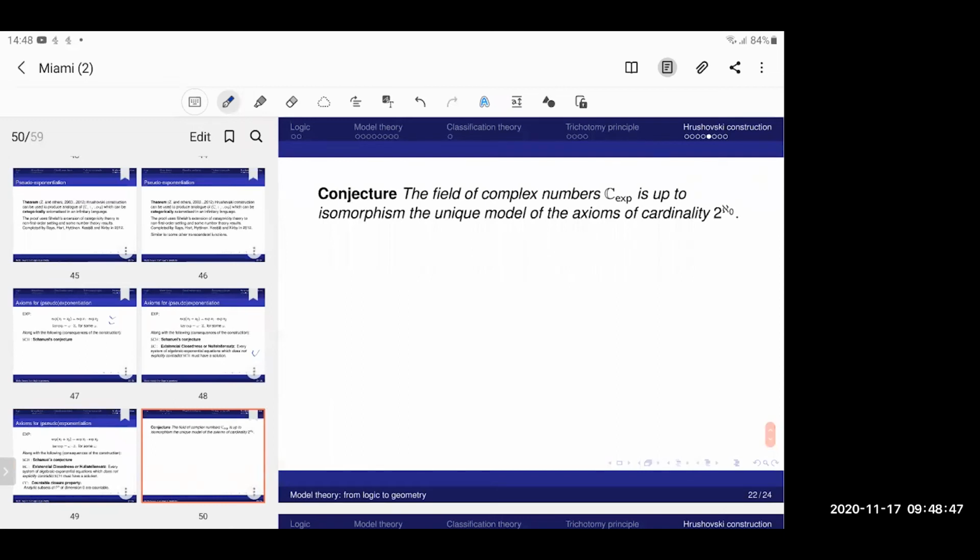Well, and then you have, of course, a natural conjecture that if you take the field of complex numbers with exponentiation, so plus, times, and exponentiation in your language, then up to isomorphism it is the unique model of the axioms on the previous slides, the one that is of cardinality continuum.